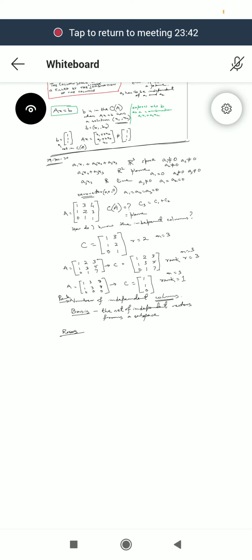So let us take the first matrix. We have the first matrix as 1 1 0, 3 2 1, 4 3 1.